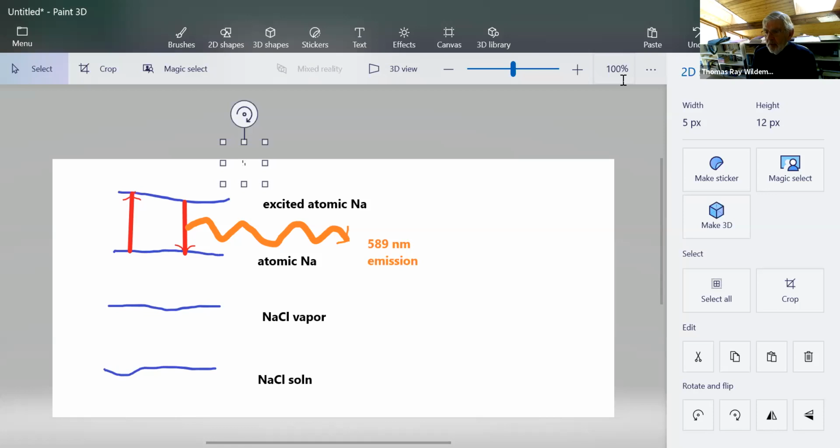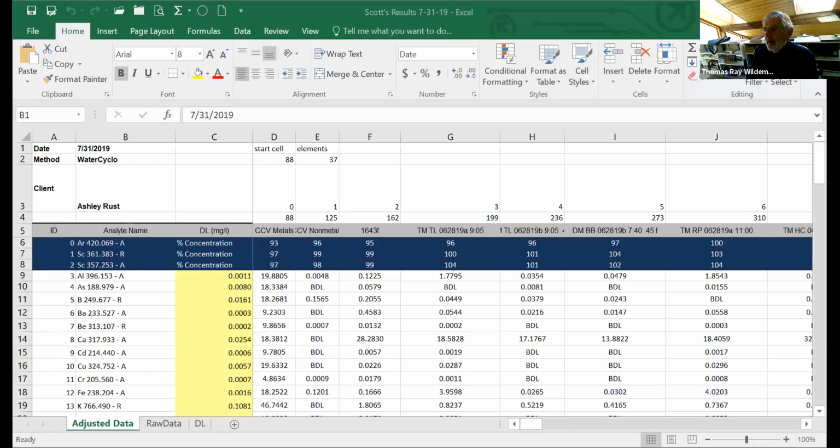And what I want to do now is look at the results, which you shall have concerning the concentrations of the metals in your samples. And so I'm going to go back in here to screen share and pull up this Excel file. This is what you will see as far as inductively coupled plasma atomic emission spectrometer results, something such as this.